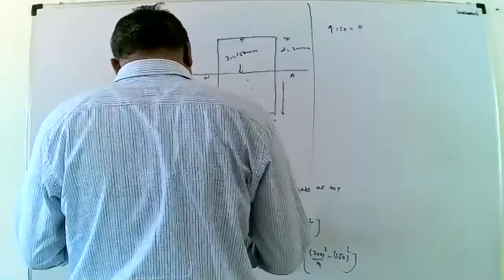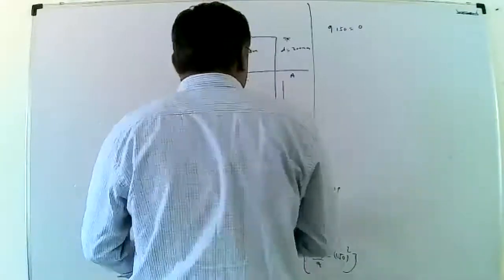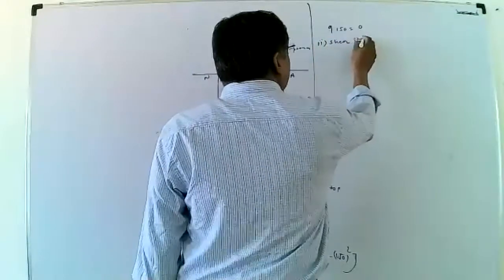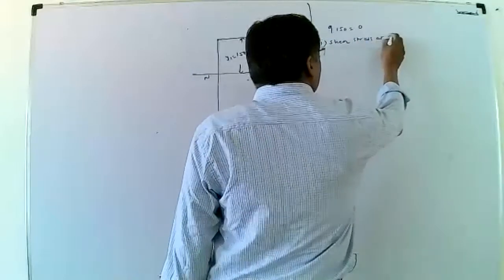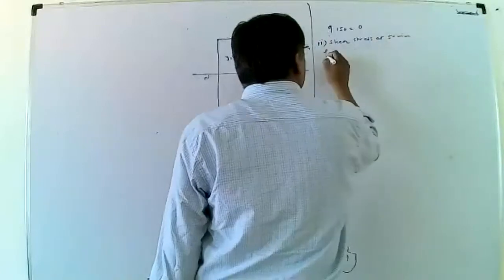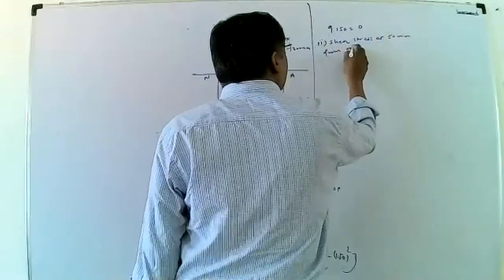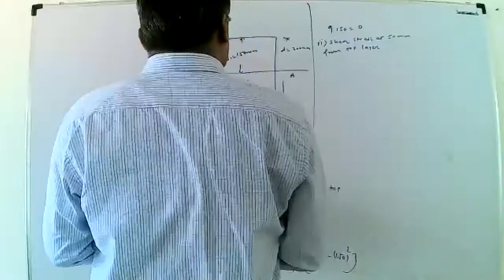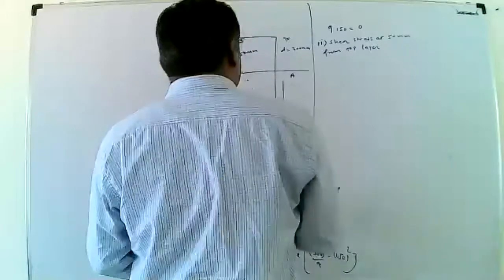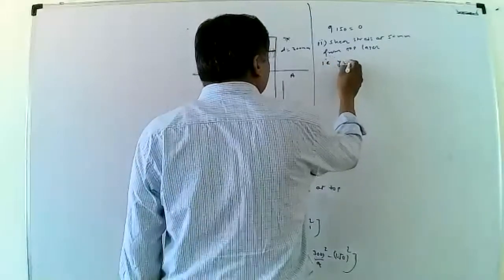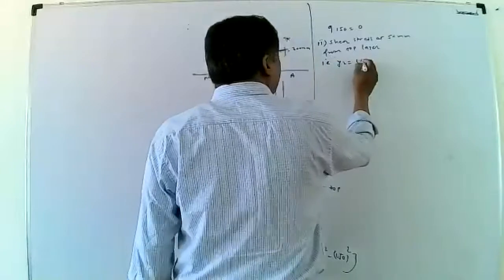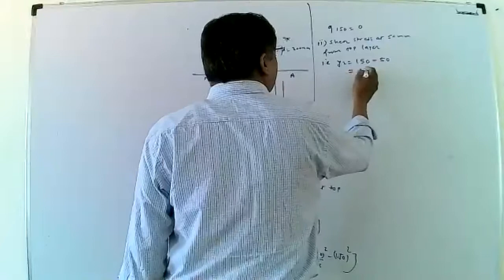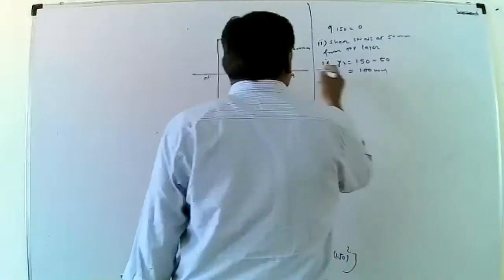Second, we calculate the shear stress at 50 mm from the top layer. Y is 150 minus 50, which is 100 mm.